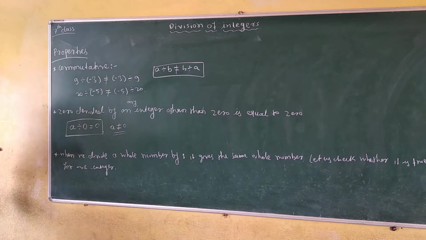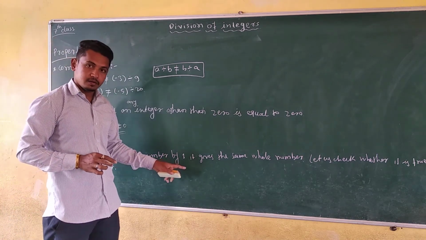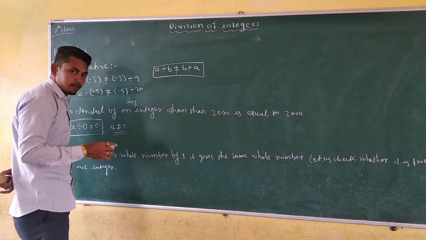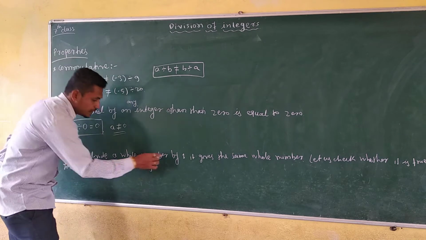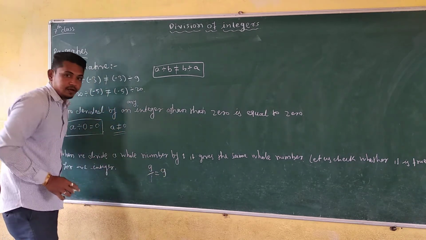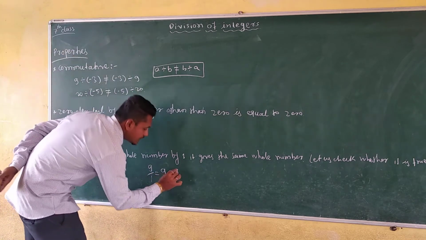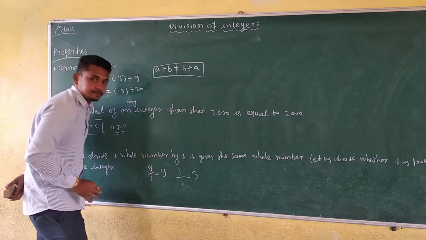Is it right? Next here, when we divide a whole number by 1, take one example, 9 is our whole number, 9 divided by 1 gives again 9 only. Take another example, 3 divided by 1 gives again 3.